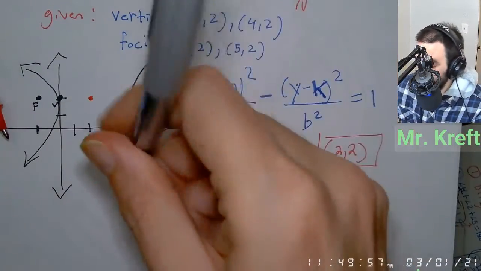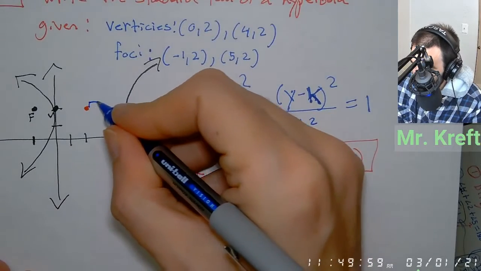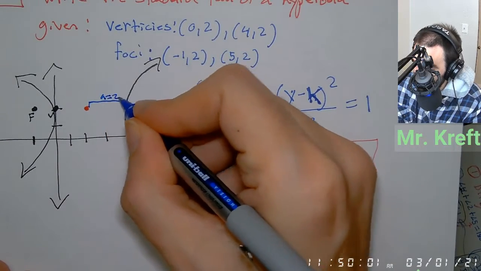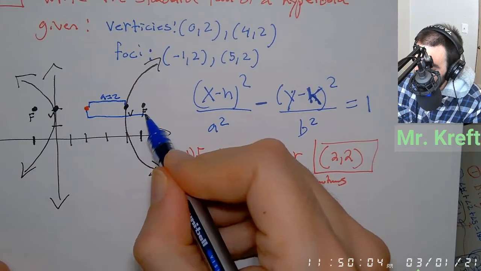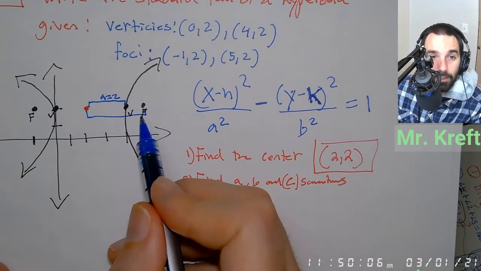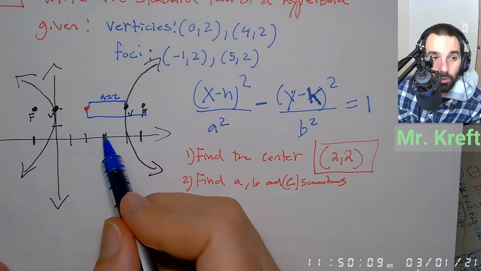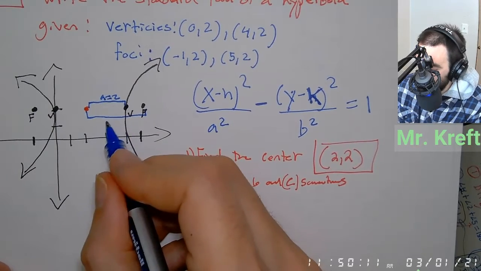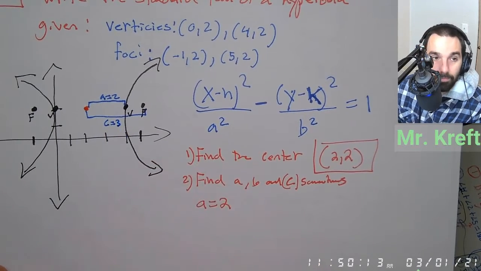Now I have to find b and c. I can't find b directly. So a equals 2, and c is the distance from my center to my focus. I go 1, 2, 3, so c equals 3.